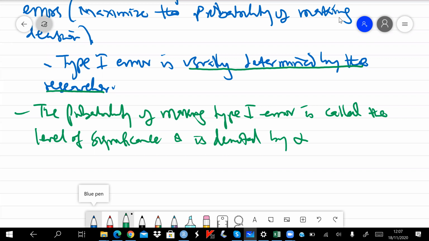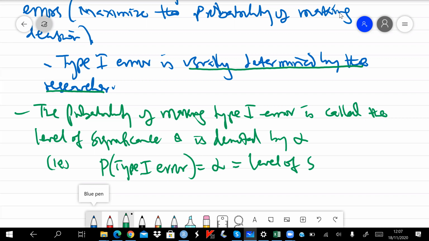We're saying that the probability of type 1 error is equal to alpha. This is what we are calling the level of significance. This level of significance is determined by the researcher.